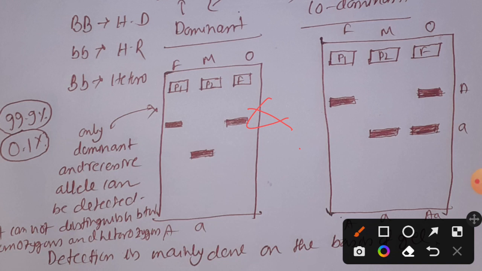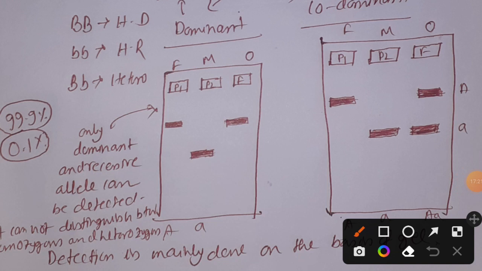Okay, so that is the problem of dominant markers. We can use dominant markers to distinguish between dominant genotypes and recessive genotypes, no problem, but we cannot distinguish between homozygous and heterozygous.